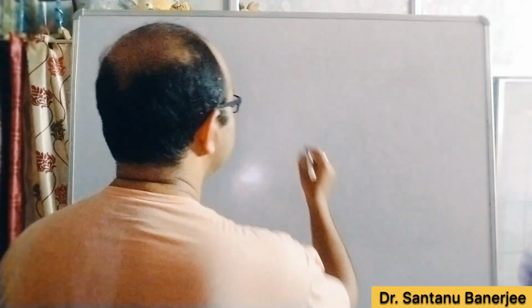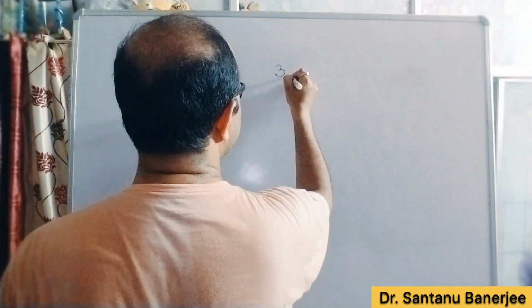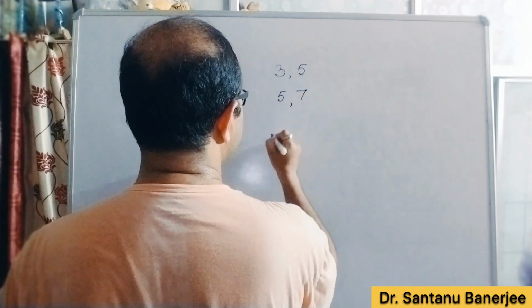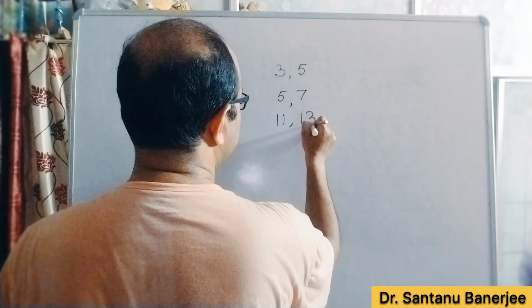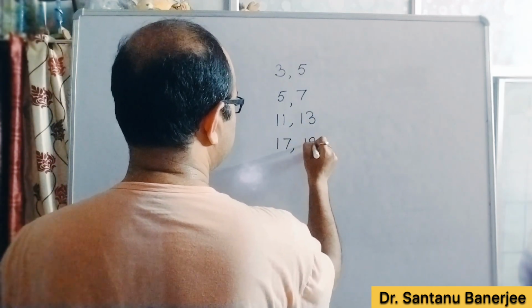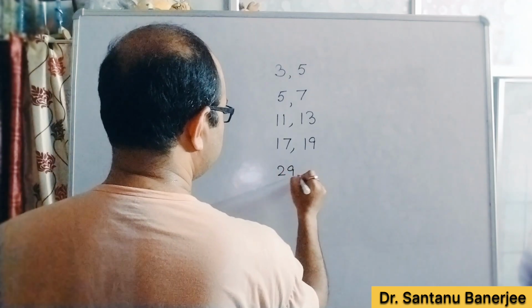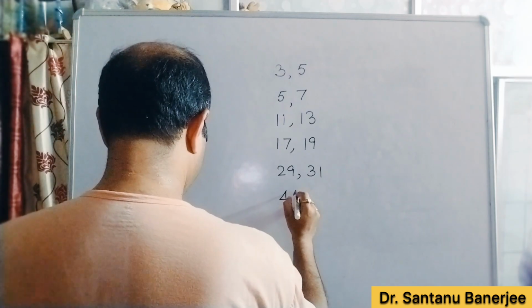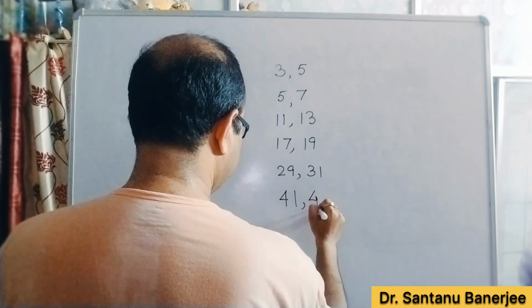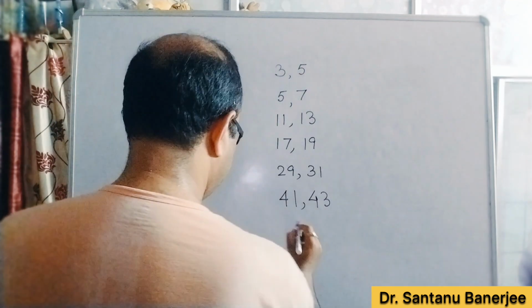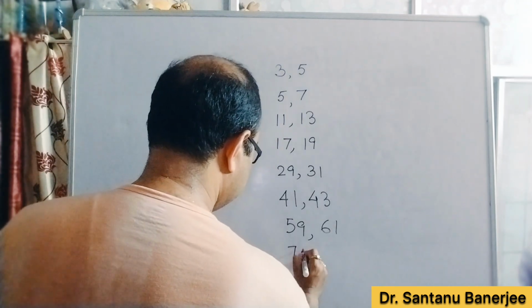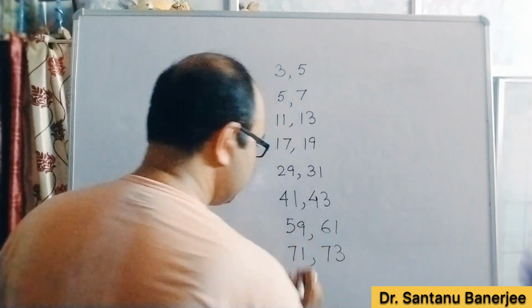Let us list down all twin primes that we have less than 100. 3, 5, then 5, 7, then 11, 13, 17, 19, 29, 31, then we have 41, 43, then we have 59, 61 and 71, 73.